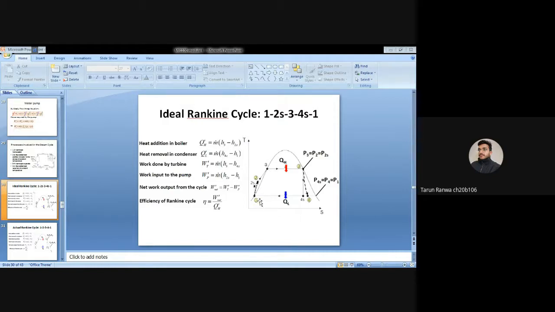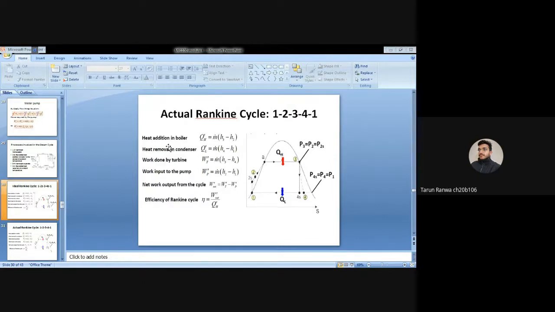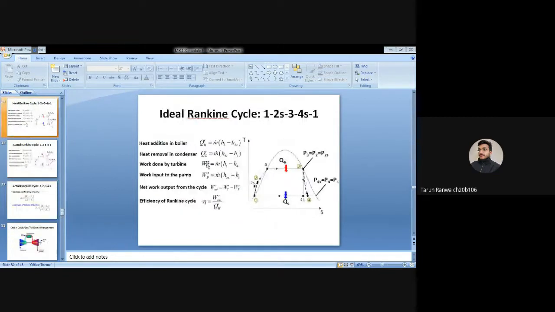This is the ideal Rankine cycle. The cycle goes from 1 to 2s, 2s to 3, 3 to 4s, and 4s to 1. Heat addition in the boiler, QH, equals m dot into H3 minus H2s. Heat removal in the condenser, QL, equals m dot into H4s minus H1.